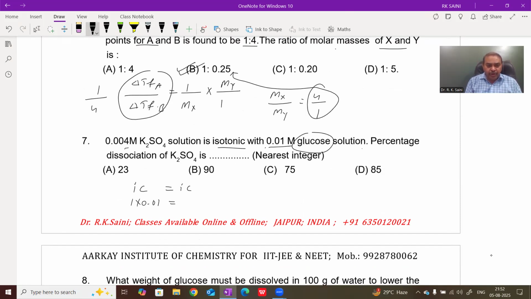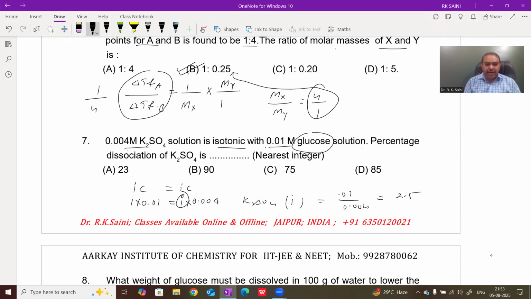And in case of K2SO4, first of all, we find i. Concentration is given, 0.004. Therefore, i of K2SO4 is 0.01 divided by 0.004, or we can say 2.5.